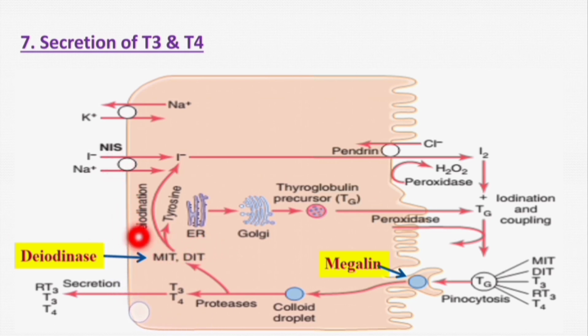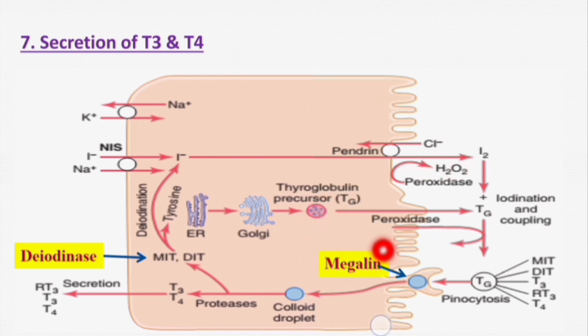So, what do we get? We get tyrosine and iodine, and both of these are recycled. Tyrosine again is incorporated into the thyroglobulin molecule, which is then secreted into the lumen of the follicle, and again iodine comes into this cycle and it is also secreted into the lumen.